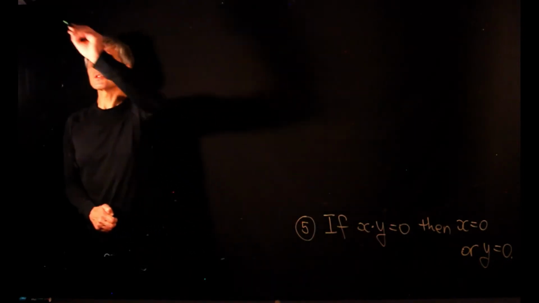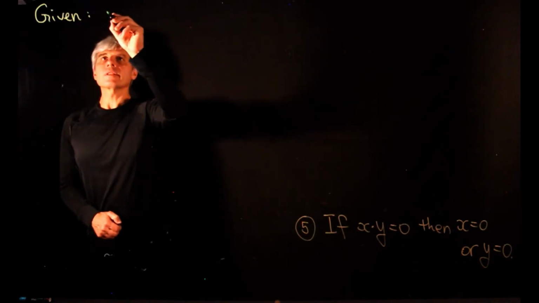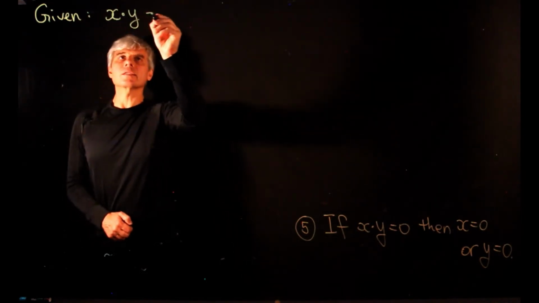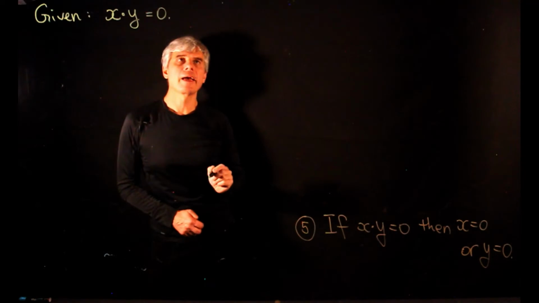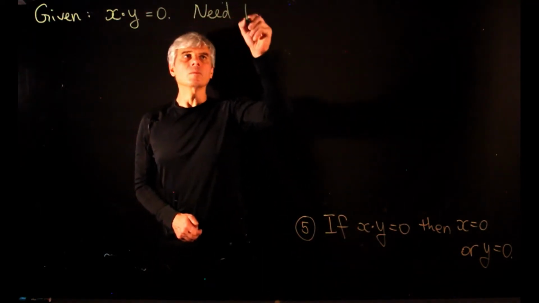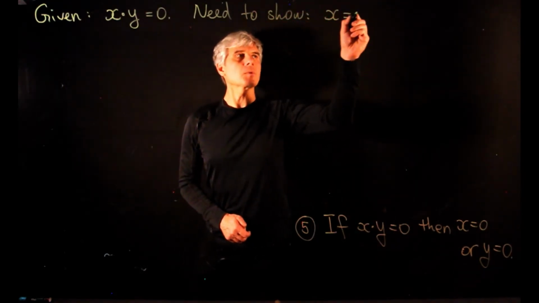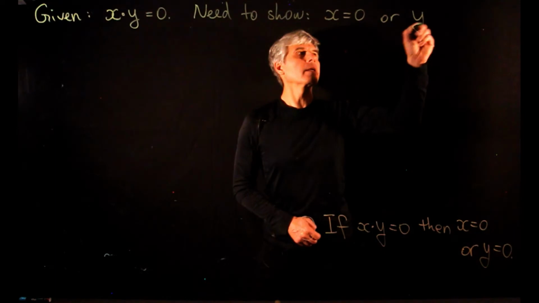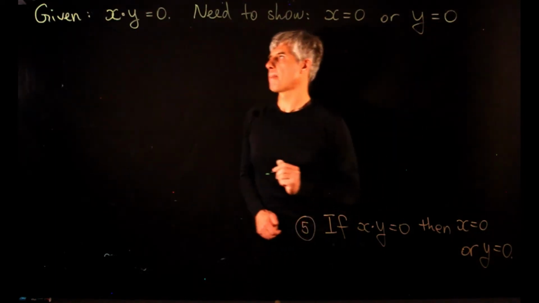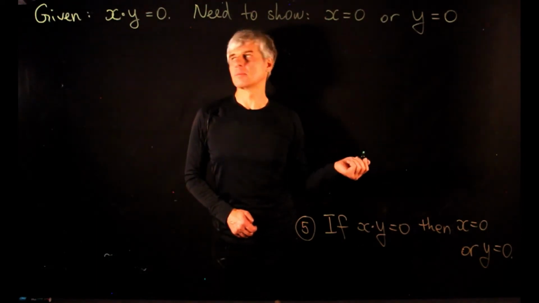Okay, so what we're given? We're given that x times y is equal to 0. And what we need to show is that x is equal to 0 or y is equal to 0. Now let's consider x.